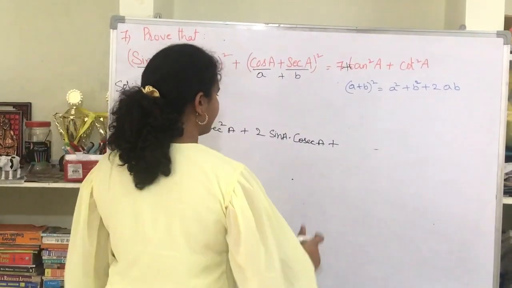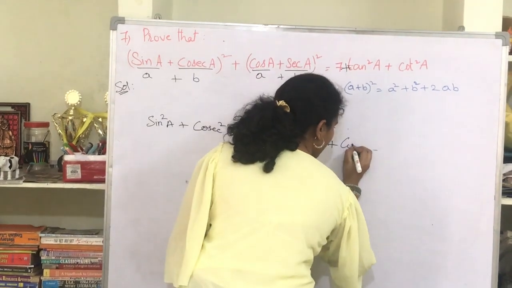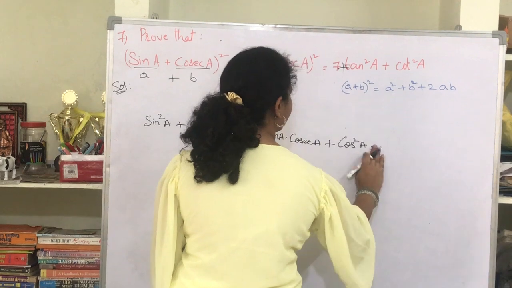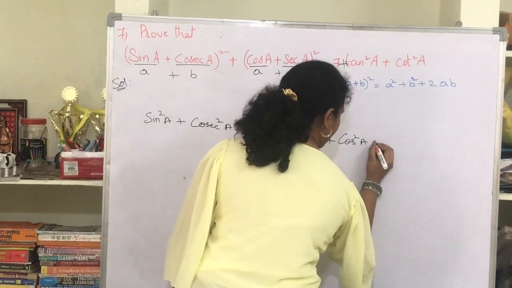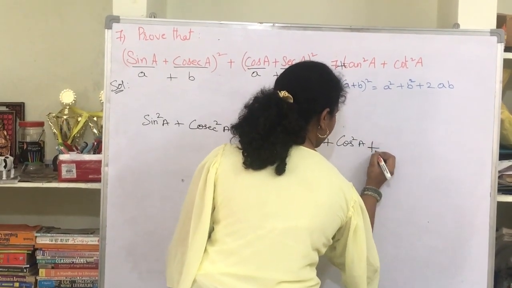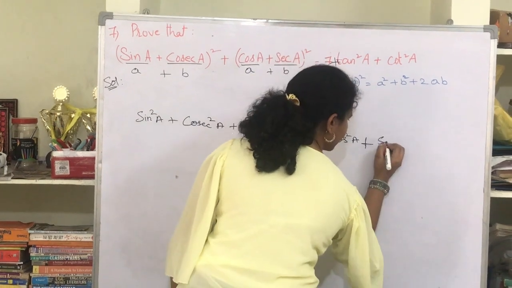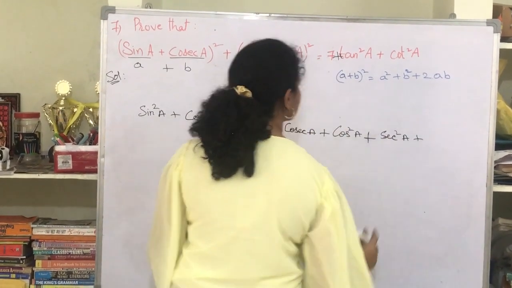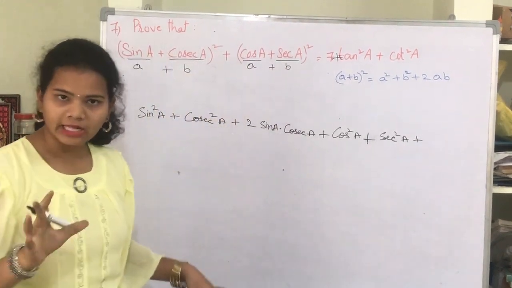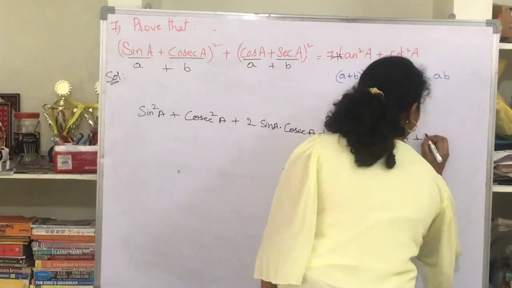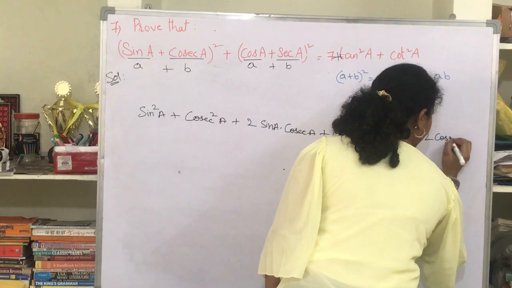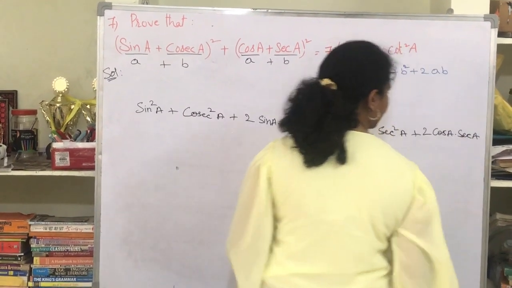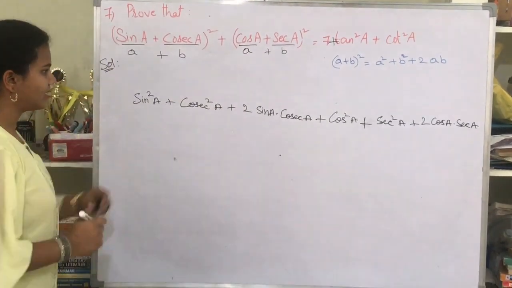Here we can write A square as cos square A and B square as secant square A, plus 2 cos A into secant A. Done. We have written like this.